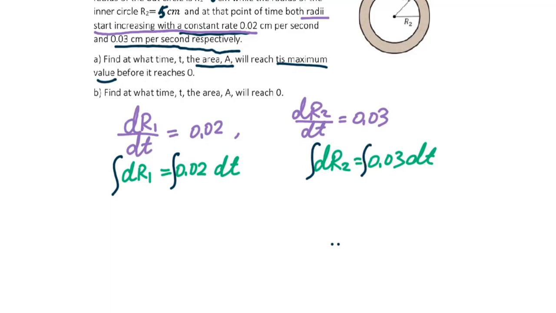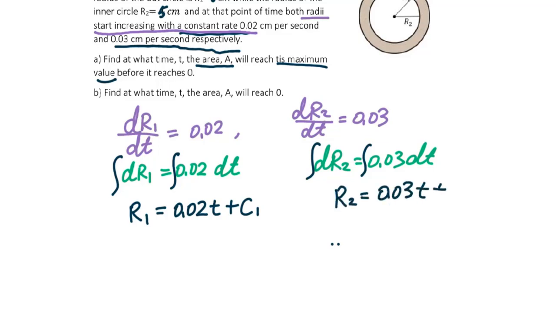You will get r1 equals 0.02t plus c1, r2 equals 0.03t plus c2.